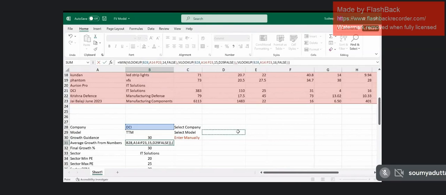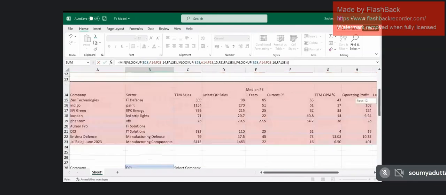I will have at least 400, 500 companies fed in this. Then we'll do scraping of other websites to populate the latest data.